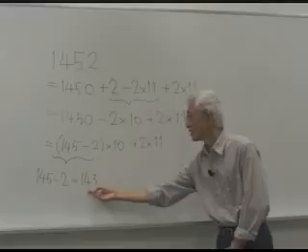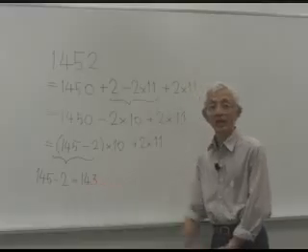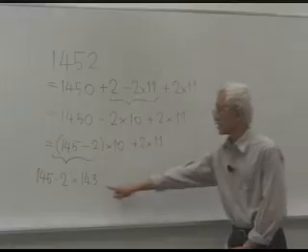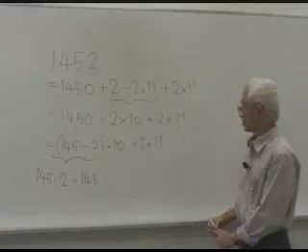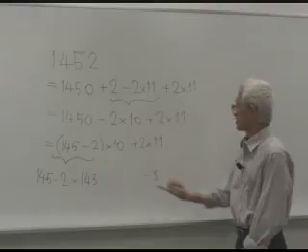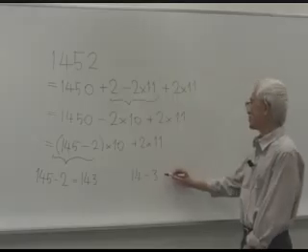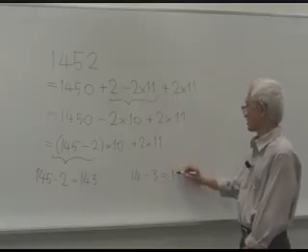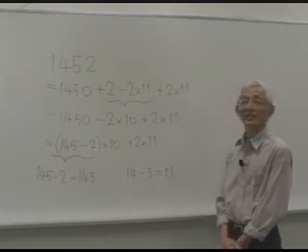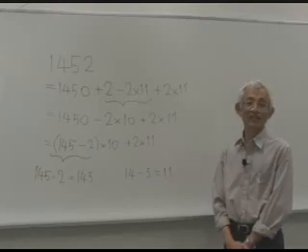Suppose we are not sure whether this number is divisible by 11 or not. How do you check using the previous rule? You take the unit digit, which is 3, and you subtract, and indeed you get 11. So yes, 143 is divisible by 11.